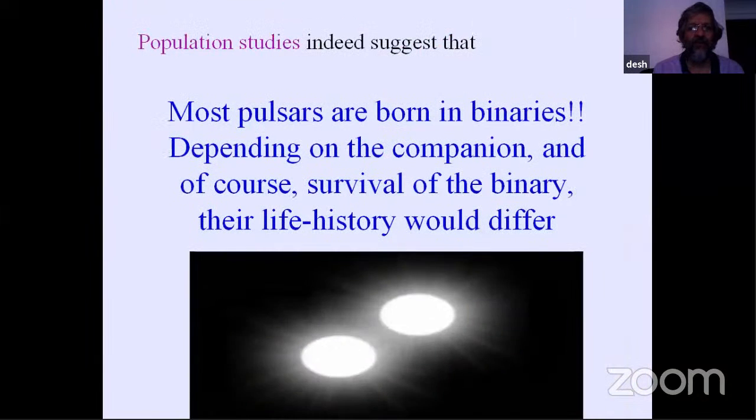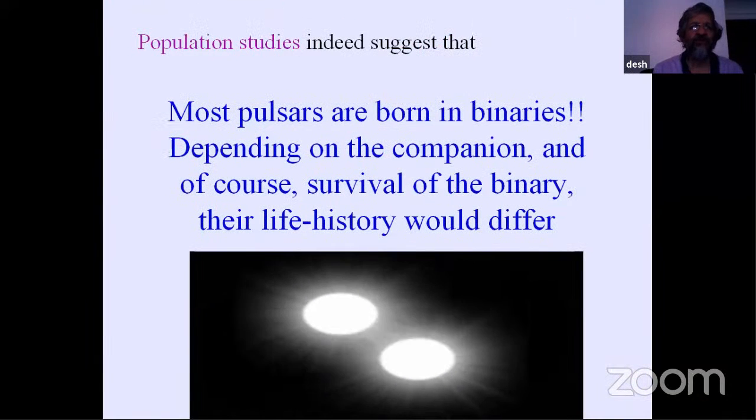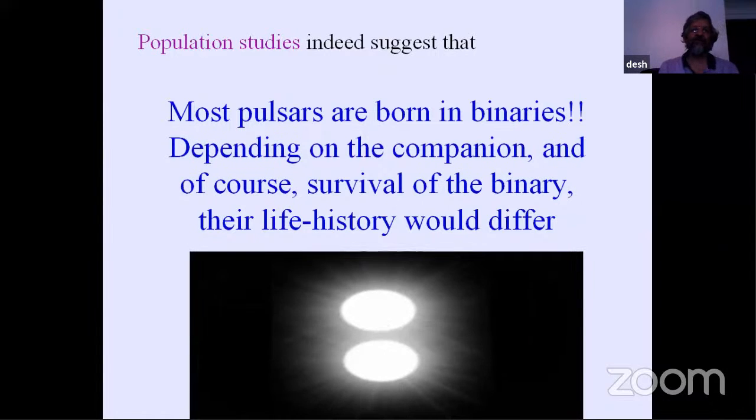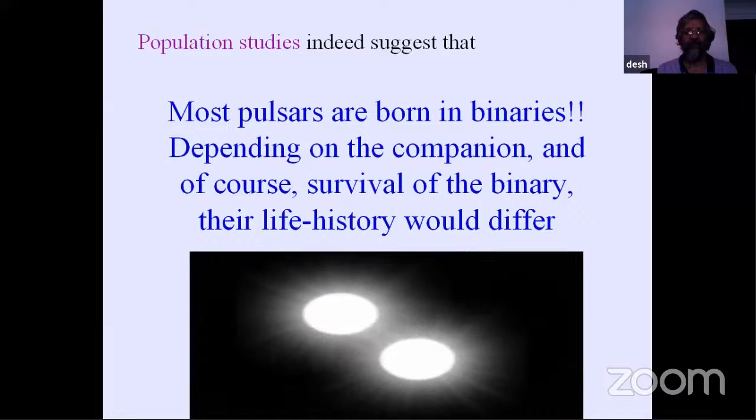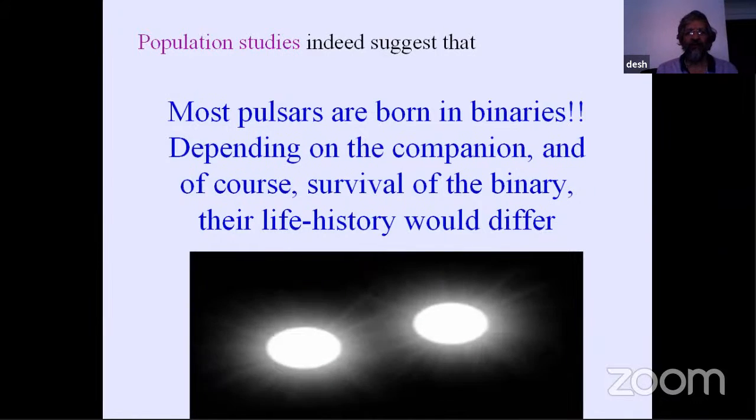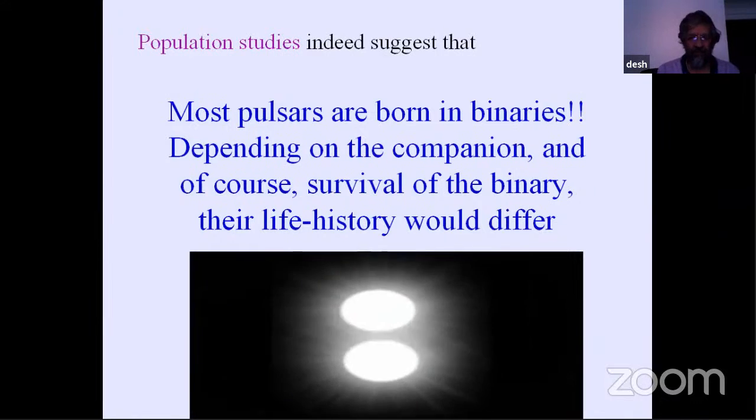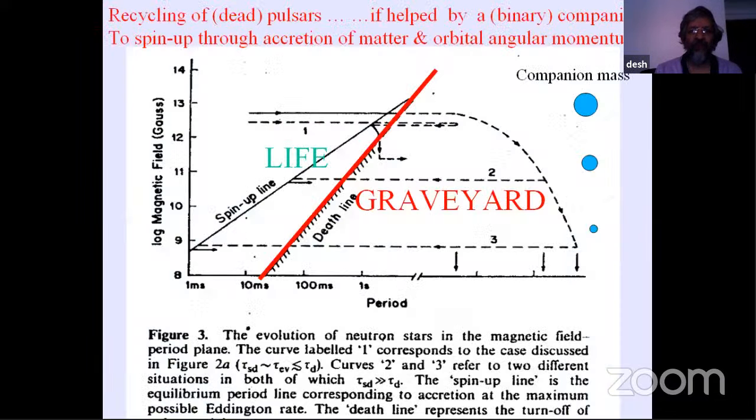Okay, we already talked about this. So of course, as you will see, population studies are very easy to do. You can see in this diagram which population you want to concentrate on, and of course they would have had different life history in their appearance in this diagram.